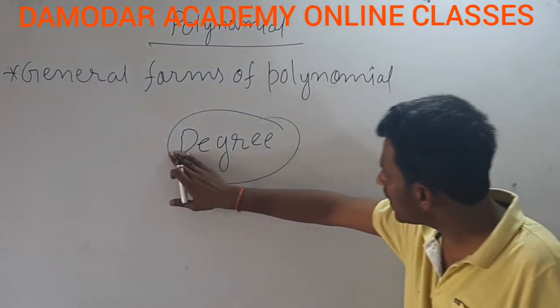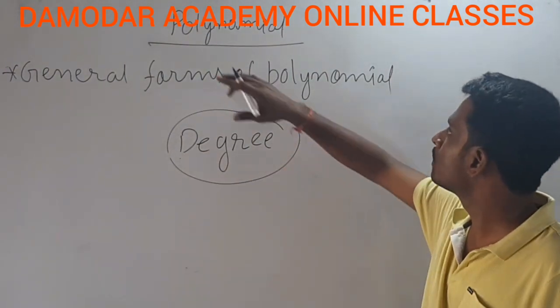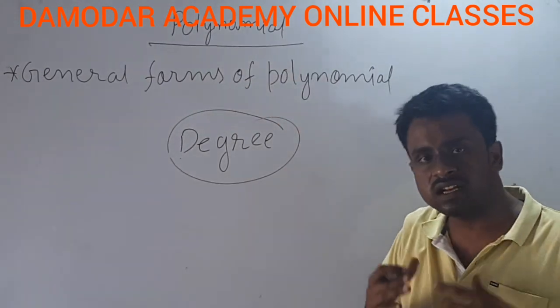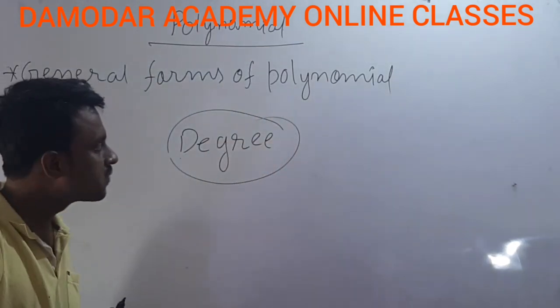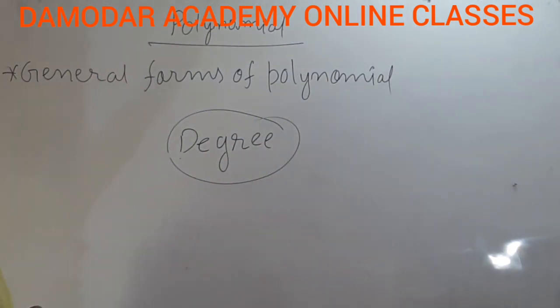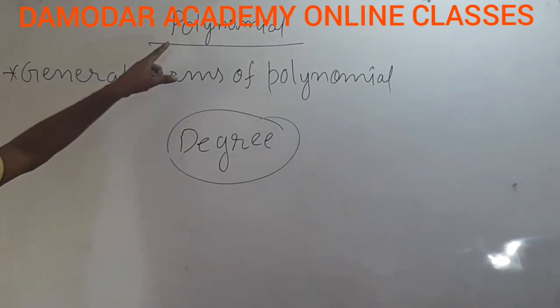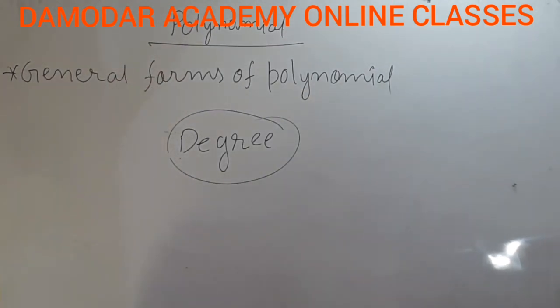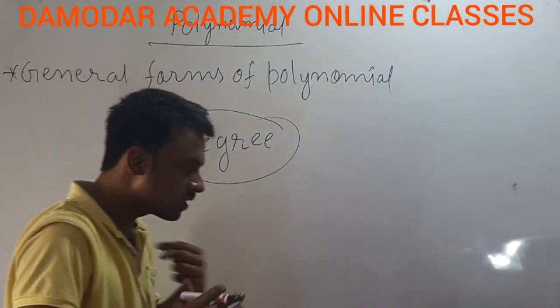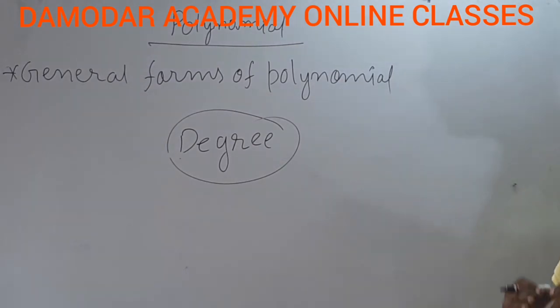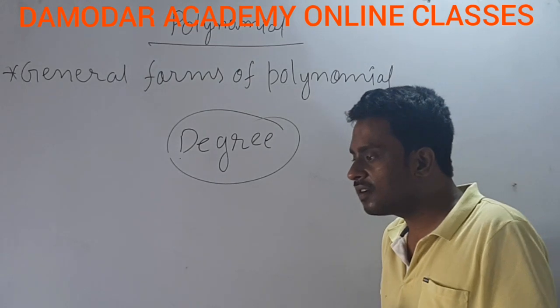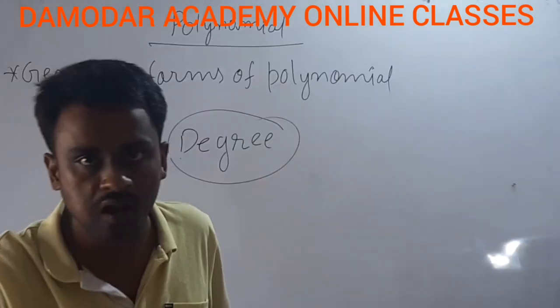My dear students, when I told you what a polynomial is in that class, I already told you that a polynomial is a special type of algebraic expression, and in that algebraic expression, the power of the variable is a whole number. Okay?